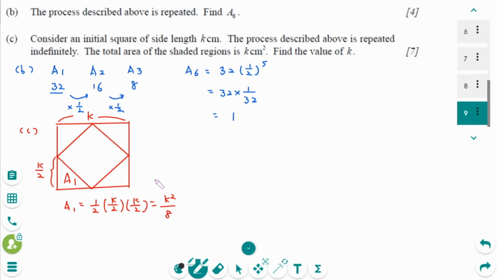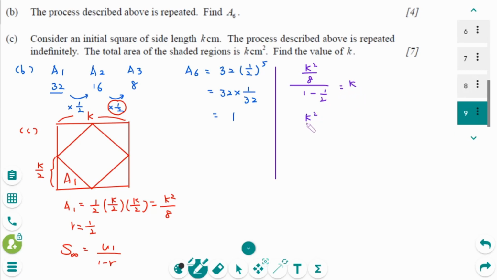The process is repeated the same way, so r equals 1 over 2, then S infinity equals u1 over 1 minus r. u1 equals k squared over 8 over 1 minus r, which is 1 over 2, equals k. Then k squared over 8 over 1 over 2 equals k.